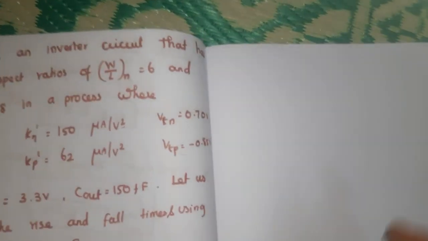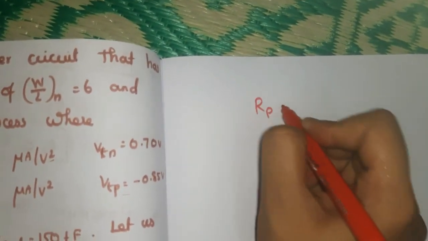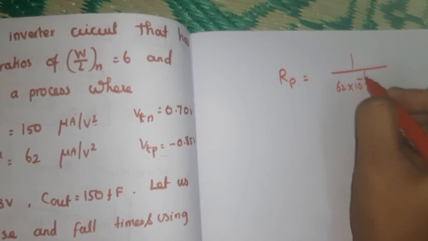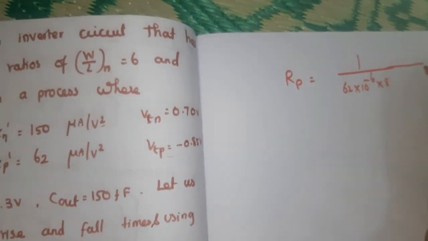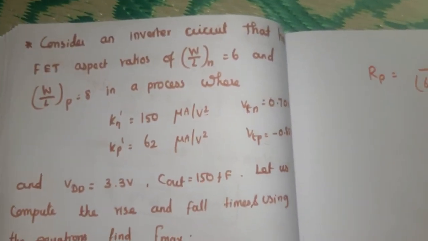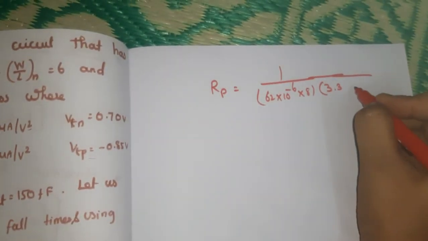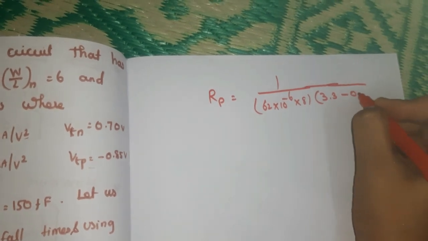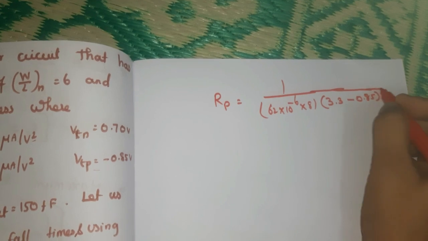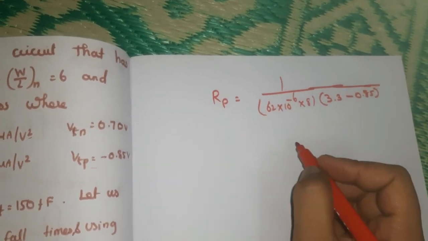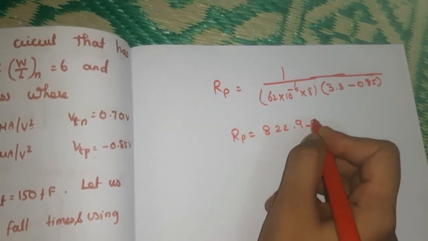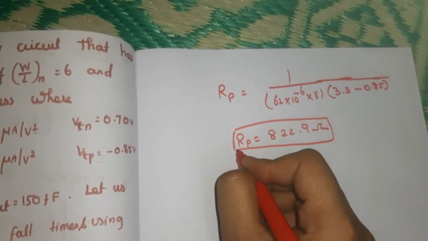So applying that value, we will get Rp is equal to 1 divided by 62 into 10 to the power minus 6 into 8 into VDD, here VDD is 3.3 volt, and minus VTP, that is 0.85. So solving this, we will get Rp is equal to 822.9 ohm. So this is Rp value.